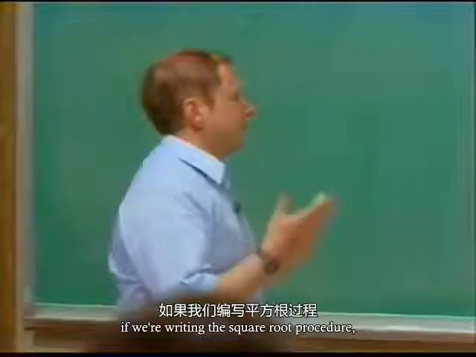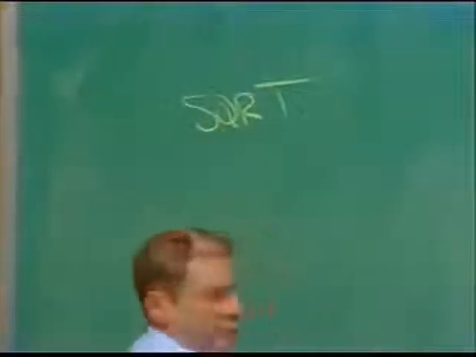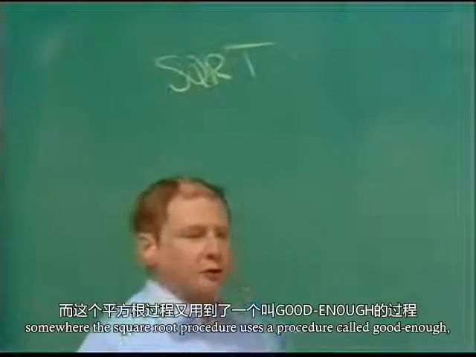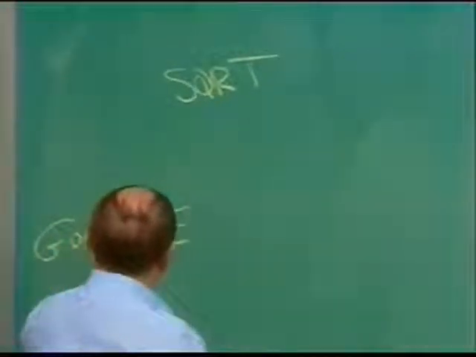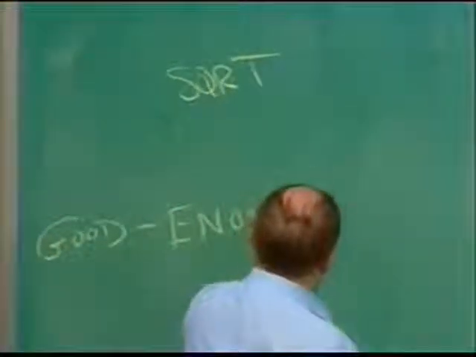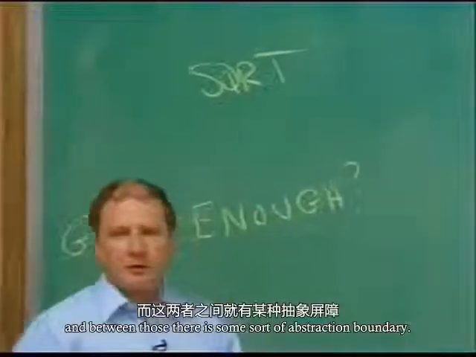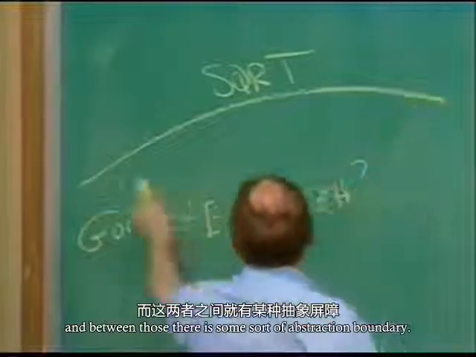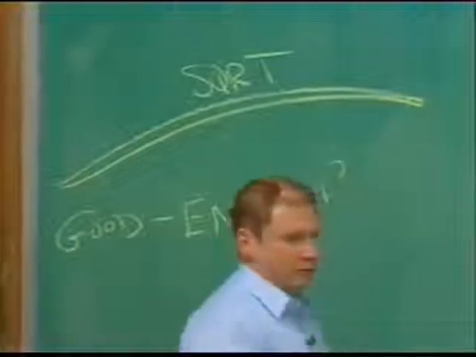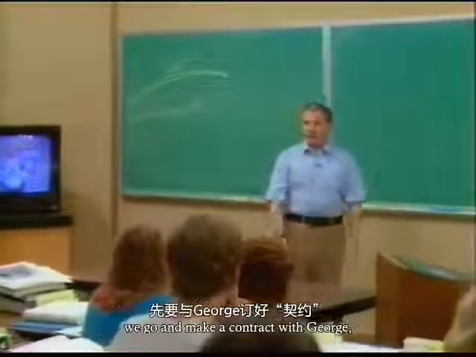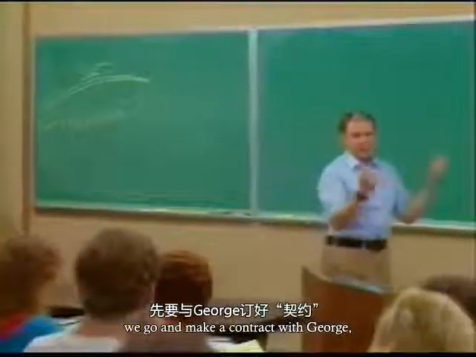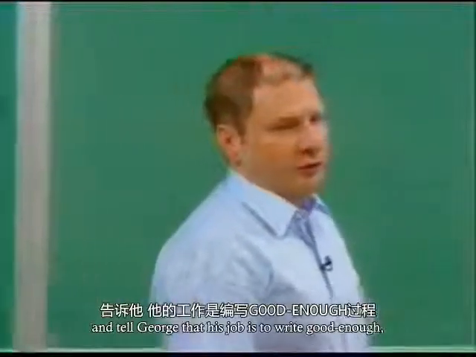So for instance, if we're writing the square root procedure, somewhere the square root procedure uses a procedure called good enough. And between those, there's some sort of abstraction boundary. It's almost as if in writing square root, we go and make a contract with George and tell George that his job is to write good enough.